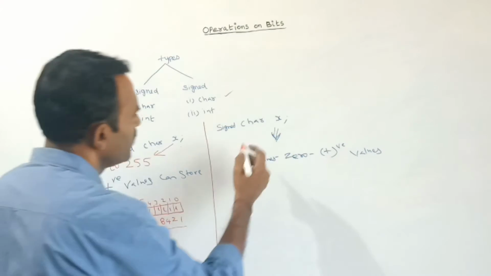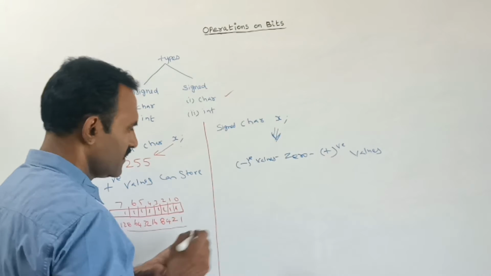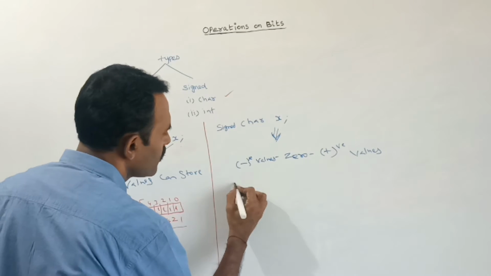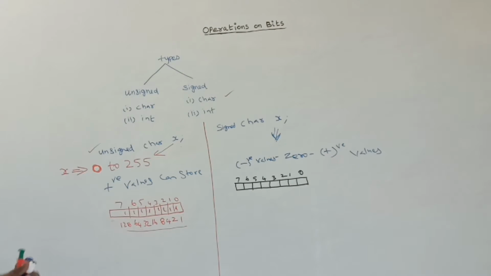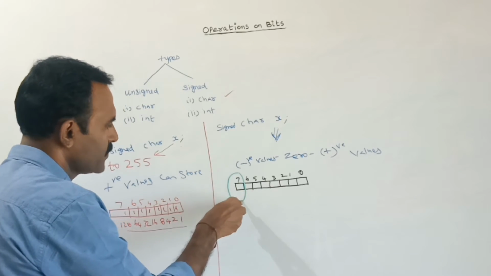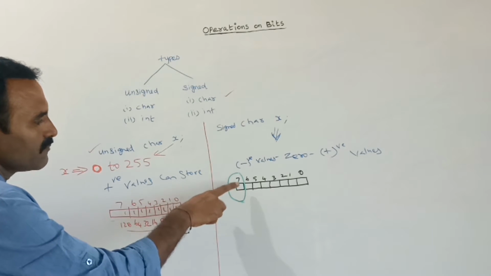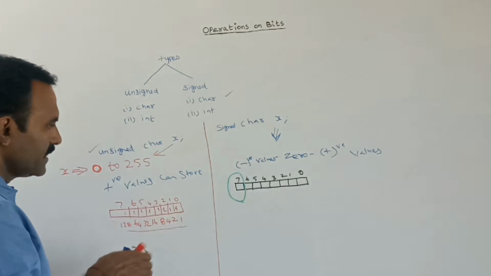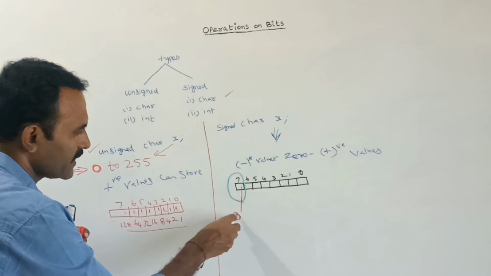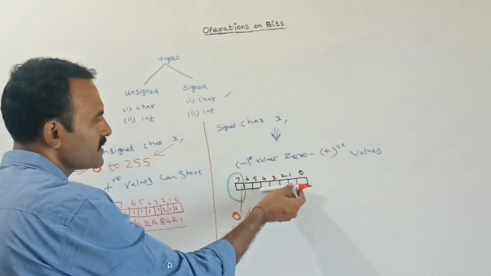For the signed one, let us take signed character x. For this x there is totally 1 byte, that means 8 bits. Here this is important. For the signed one, the 7th bit tells whether the given number is positive or negative. If the 7th bit value is 0, then the given value is positive.